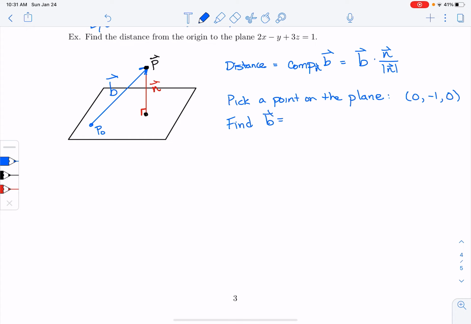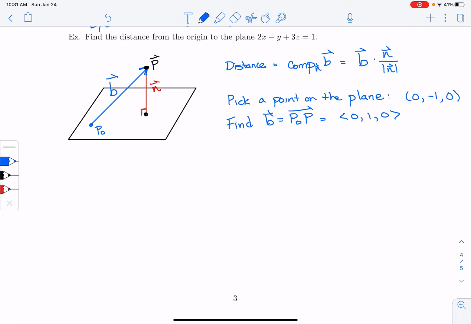B is the vector that goes from P0 to P. Remember that P is supposed to just be the origin in this case. So I'm going to take the origin and subtract P0, and if I do that, I'm going to get the vector 0, 1, 0.